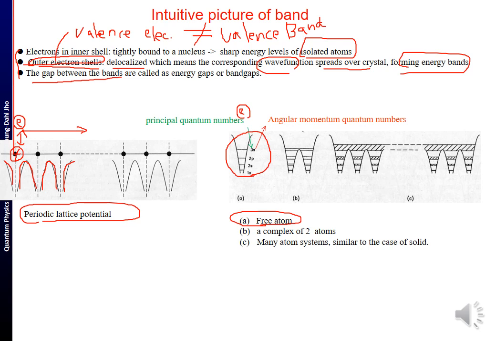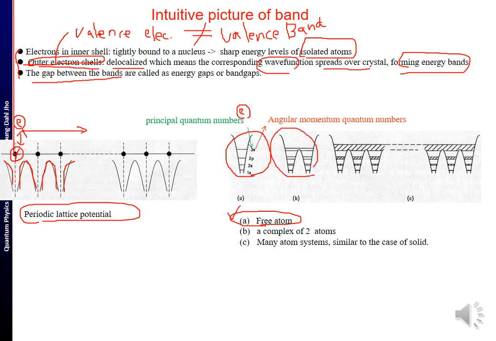There is only one isolated atom, that is a free atom, and we have electronic energy levels indicated by these horizontal lines. The energy levels listed here, 1s, 2s, 2p, 3s, will be discussed later on after the midterm exam. The basic idea is isolated atoms will have discrete energy levels.